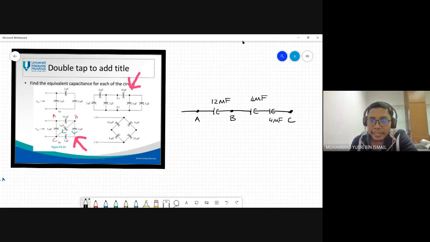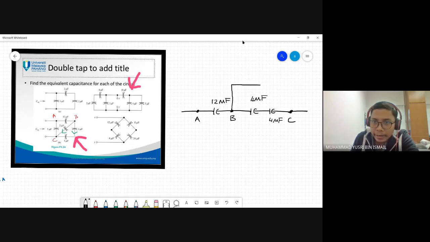Dah ni kira cabang sungai dekat C. Okay, and then kita ada B to C. B to C ni adalah node yang berbeza. A to B, then ada A to C.